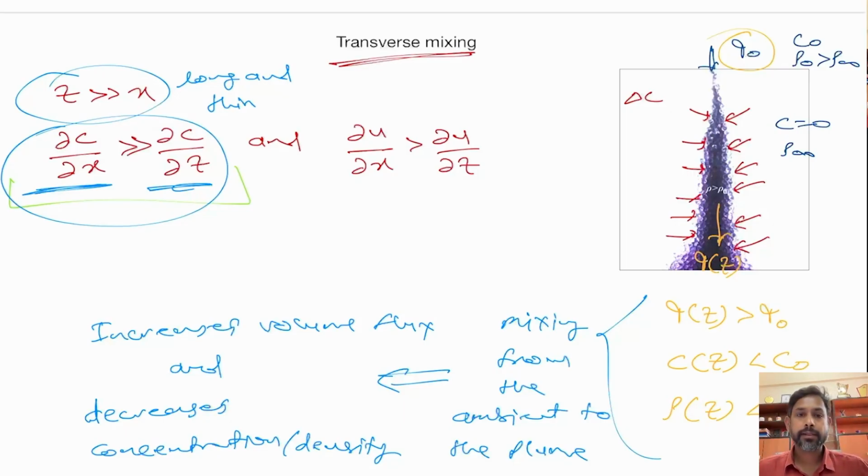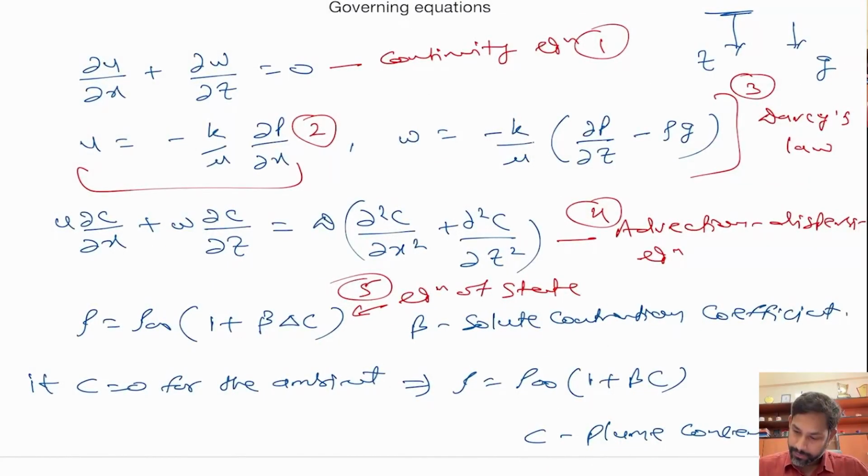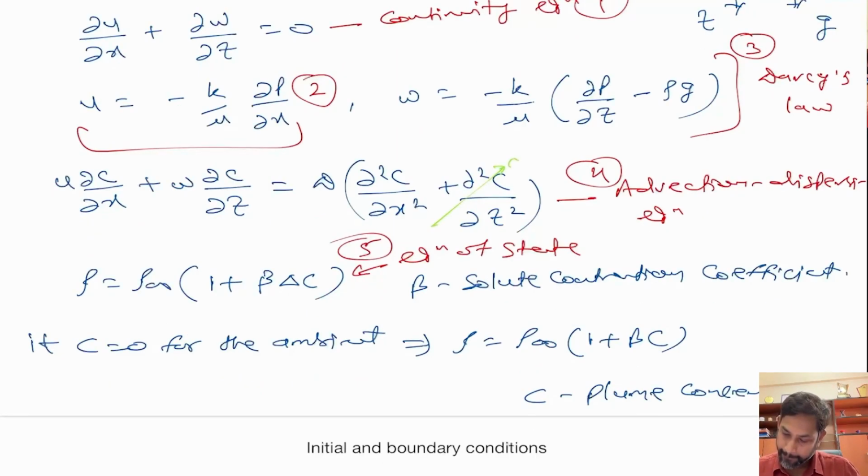So this value dc by dz should be equal to 0, because that is much smaller compared to d square c by dx square. Okay, so this makes our problem more simplified.